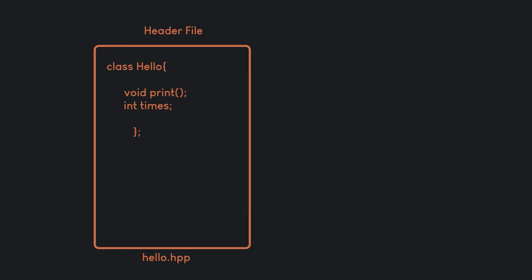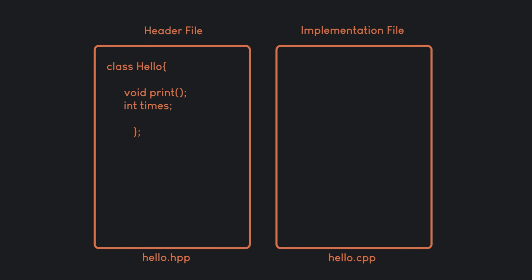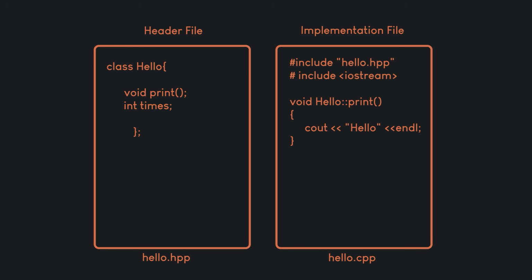It serves as an interface for the other parts of the program to use the class. On the other hand, the implementation file, usually with a .cpp extension, contains the actual implementation of the class functions. This is where the member functions defined in the header file are implemented.